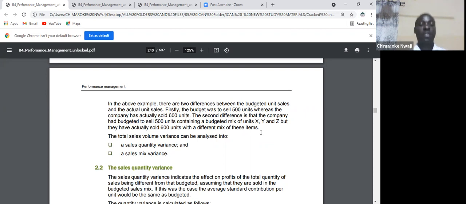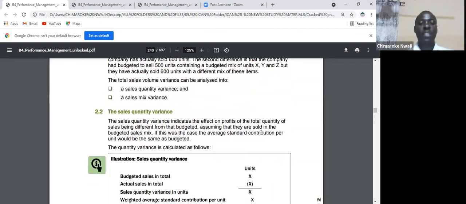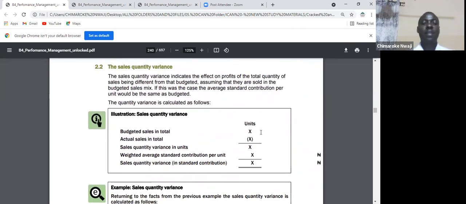Now let's look at it more closely. Let's look at the sales quantity mix variance. Now look at it here. The sales quantity variance indicates the effects on profit. Remember when we were doing usage variance and we said mix variance, it is the effect on costs.